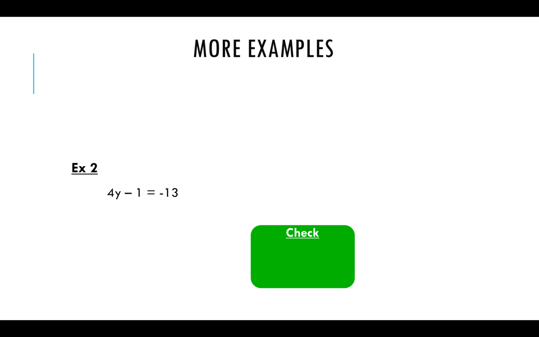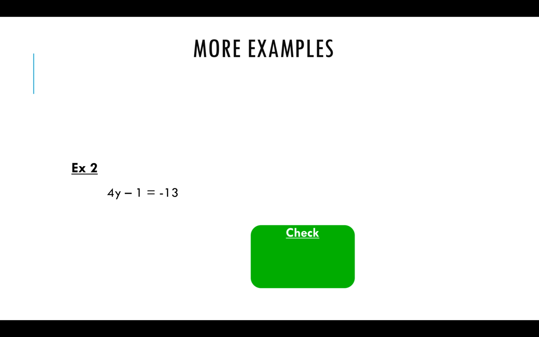Now when we look at this problem, we see, again, it's 4 times y minus 1. So we have to use the inverse operation of subtraction. So the inverse operation is addition. So instead of subtracting 1, we need to now add 1 to the left-hand side and add 1 to the right-hand side.